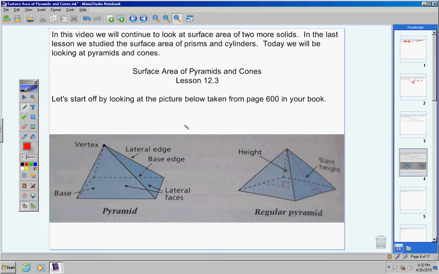Let's talk about this. The first thing I want to show you is the difference between a pyramid and a regular pyramid. So please listen carefully. Now, right there is about the center of your base, right in the middle, okay? But notice how the vertex is not directly above it.